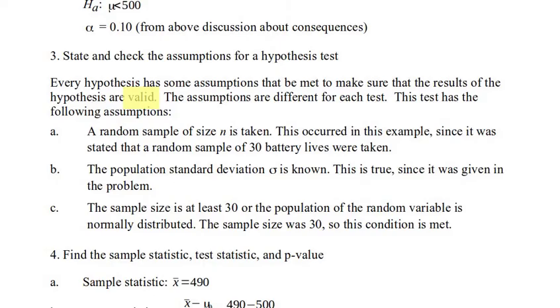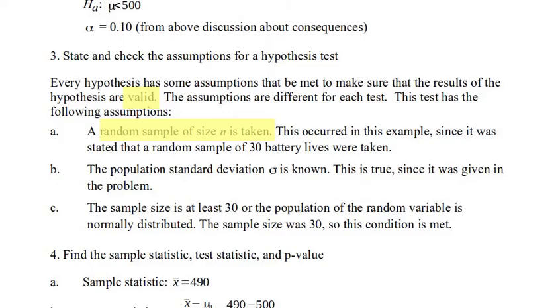So first off, a random sample of size n is taken. You do need to check that in some way or other, a random sample of a fixed size is made. Now, that random sample could also be equally good if it was a representative sample, but we'll look for a simple random sample of size n.